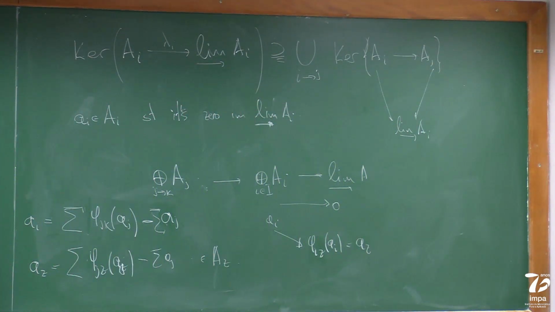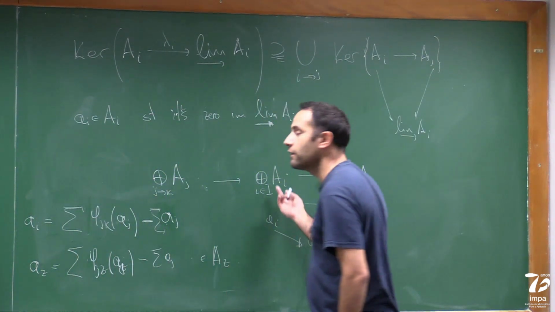Okay, but now this maps, oh crap, I'm removing what I wanted to prove. Well, it doesn't matter. These maps that go from A_i into this sum are injections, so this is just the ith factor.